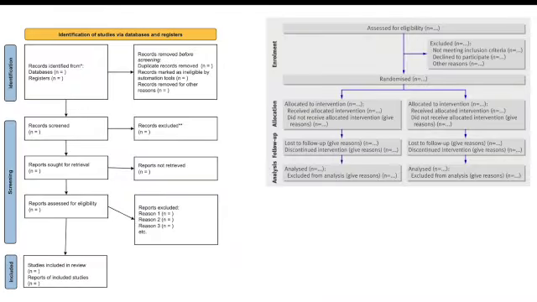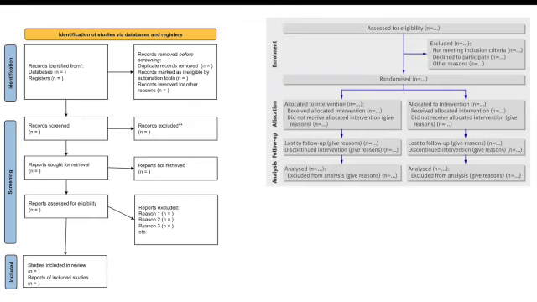One of the things that these checklists provide is also the flowchart for your inclusion criteria for different types of studies. So on the left, we have the PRISMA flowchart for the systematic review. And so you see that there's an identification section where you're saying how many records were identified in which databases, and you're going to fill out the numbers.